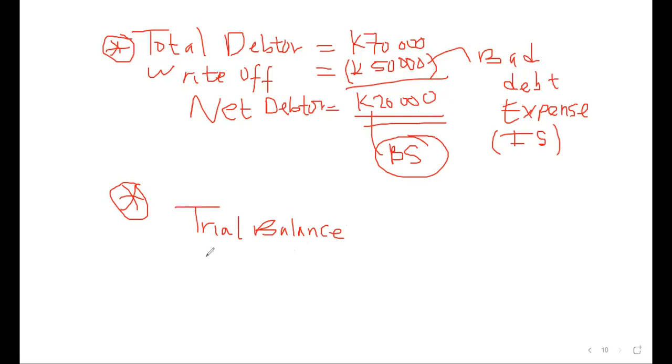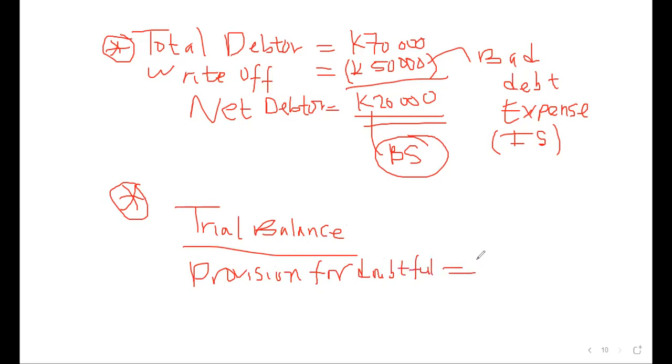Give me the figure for provision for doubtful debts in the trial balance. It was 50,000.